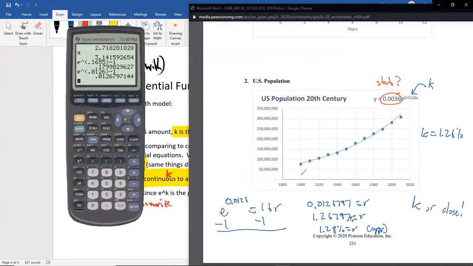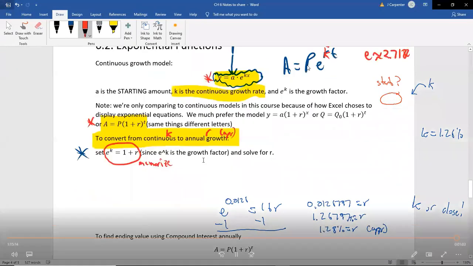So again, this idea is not something we're going to see in chapter 8 or 9 again, but the idea of converting from one rate to another, we will see, because if you do modeling on your own in Excel, it's going to spit out numbers like this if it's exponential growth. And you're going to be wondering, well, what's the annual rate? So you need to do this. All right. I'll tell you what, that actually does close out 6.2.